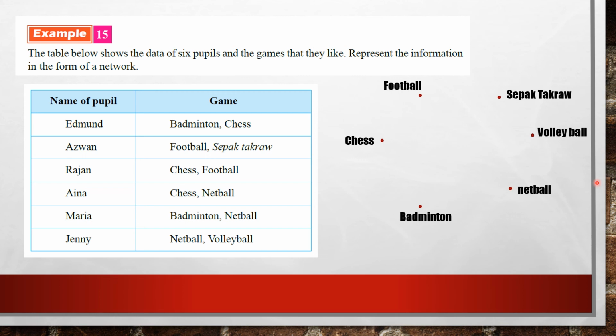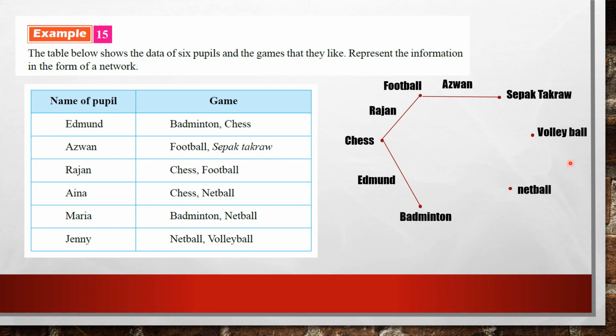We look at the first one, Edmund. Edmund likes badminton and chess. So you draw an edge between badminton and chess, then you label the edge as Edmund. Then Azwan. Azwan likes football and sepak takraw. So you label the edge as Azwan. Then Rajan. Rajan likes chess and football.